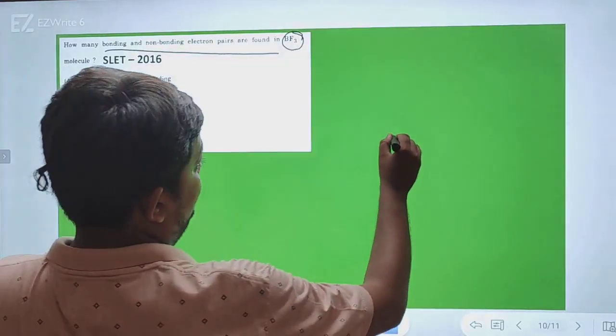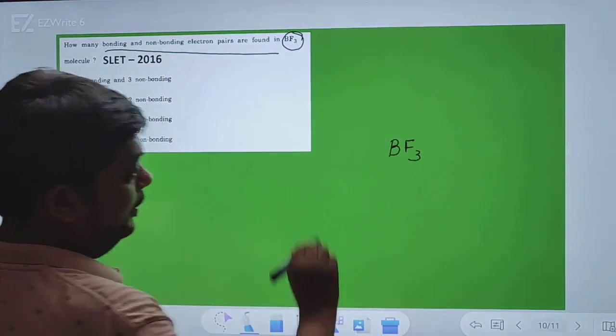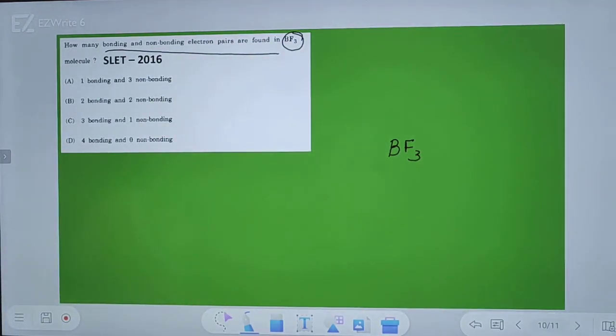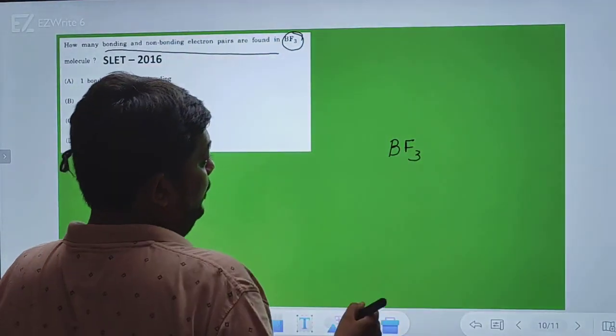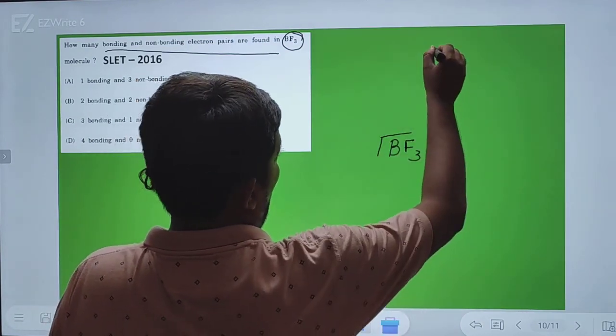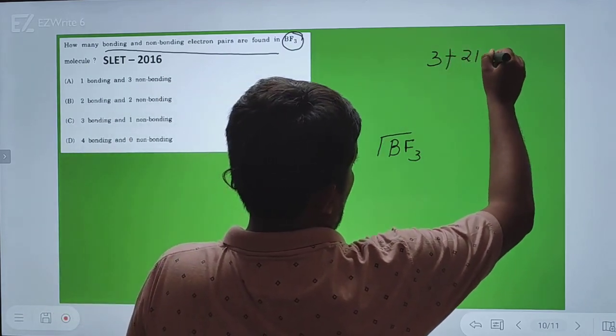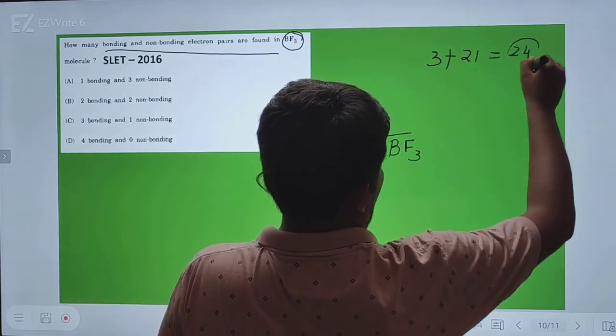Let us check. BF3. If I just go through the formula, it is very easy. Boron is 3. Each fluorine has 7 electrons, so the total is 21, and my answer will be 24.